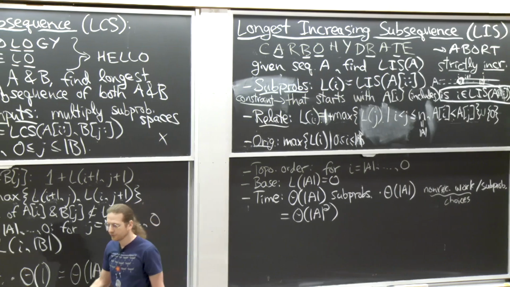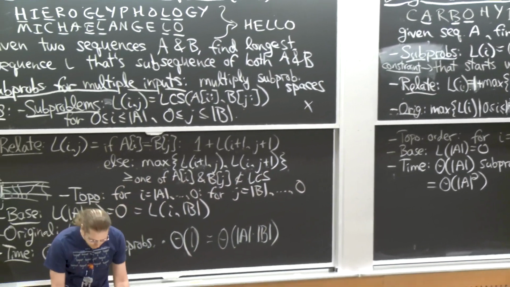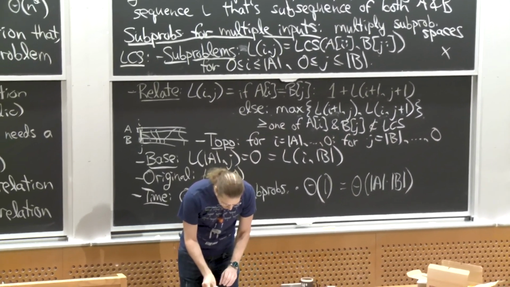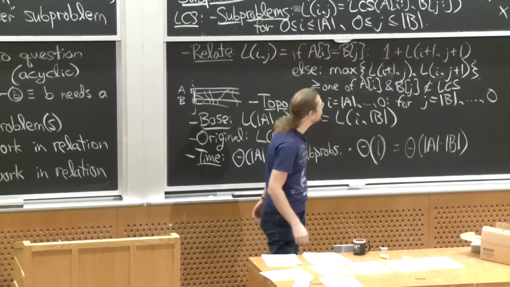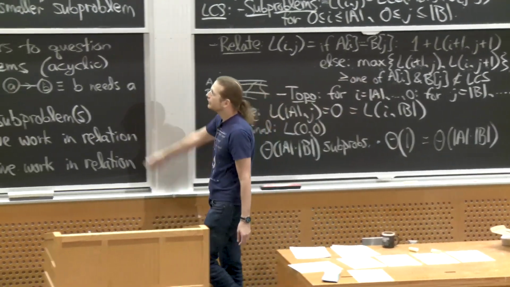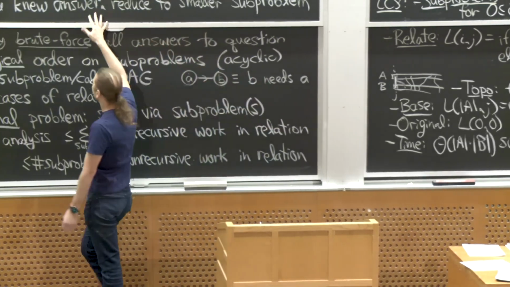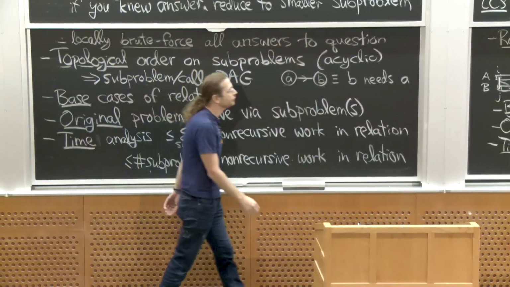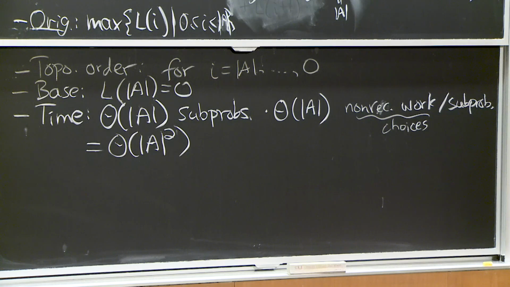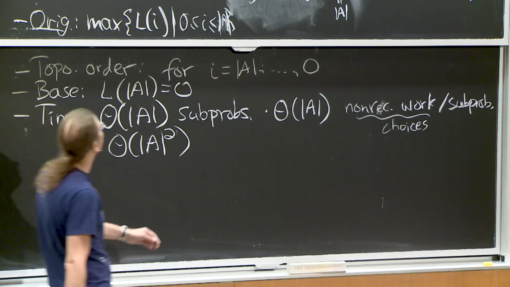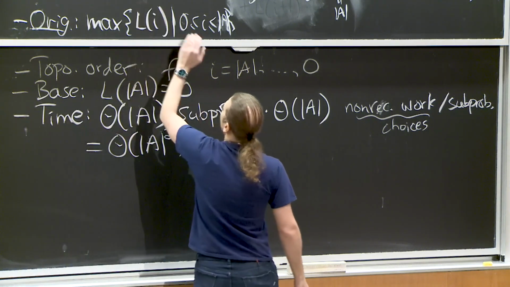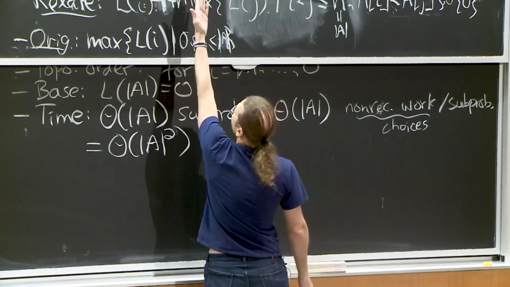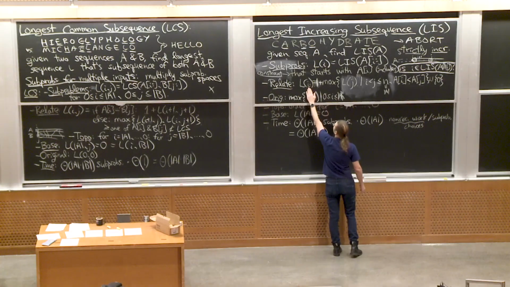Cool. So that's longest increasing subsequence. Make sure I didn't miss anything else. So we're using this idea of asking a question and guessing or brute forcing the answer to that question in 2 places. One place is we're requesting that the longest increasing subsequence starts at i.